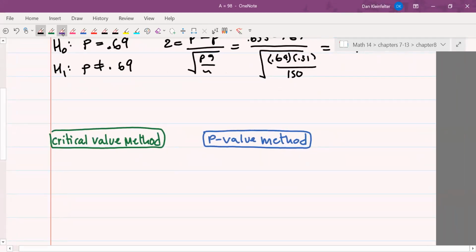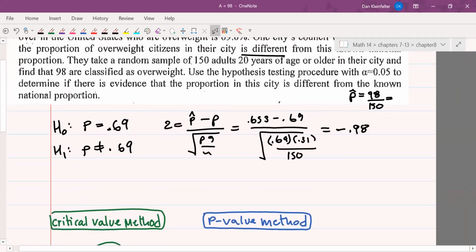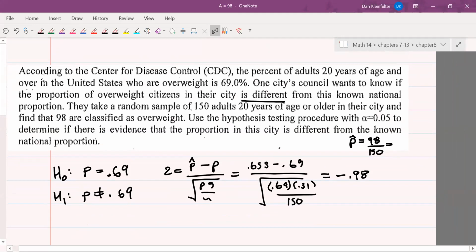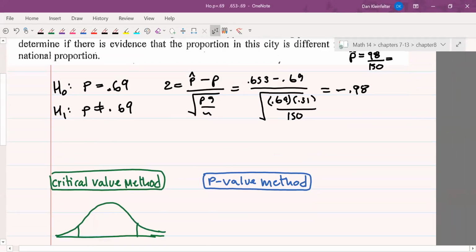So critical value method first. On this, it is a two-tailed test. We're told that our alpha is 0.05. Since it's two-tailed, that means that 0.025 will be in each tail.